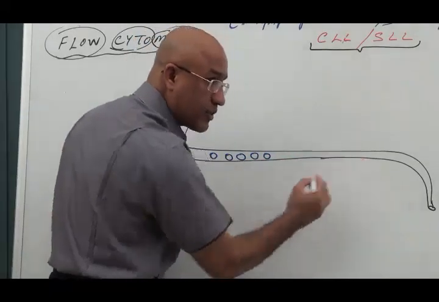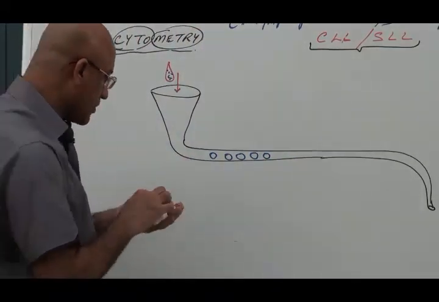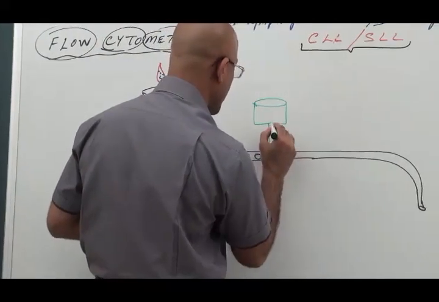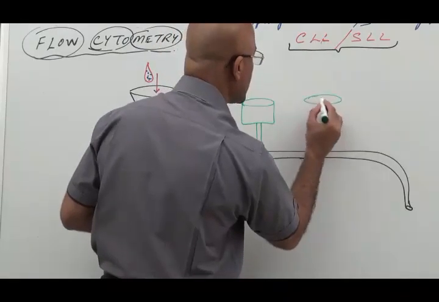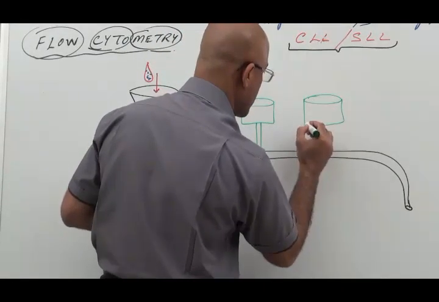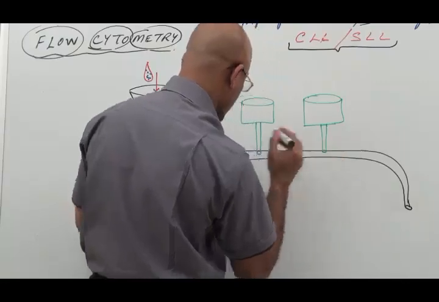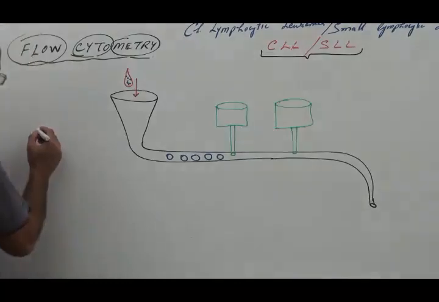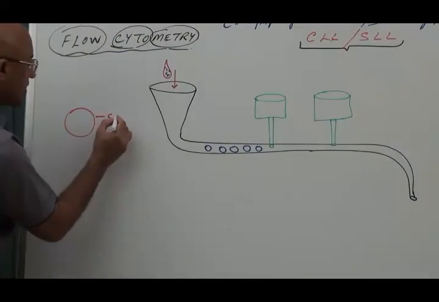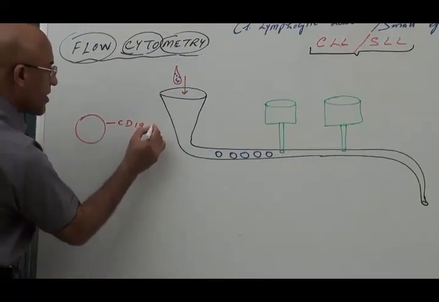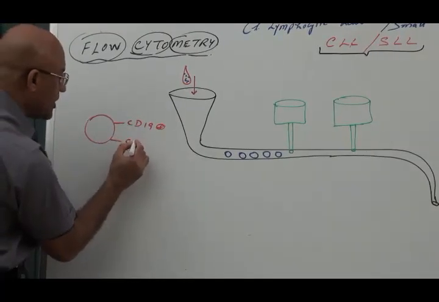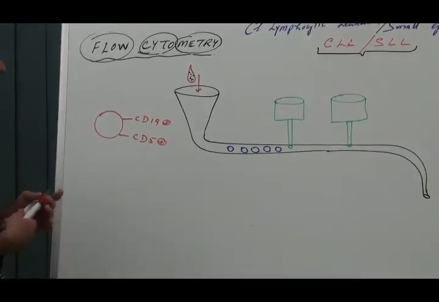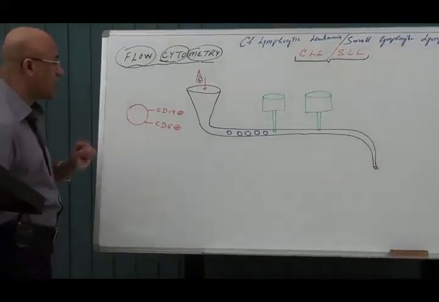Here we have a special type of antibodies. You remember our leukemic cell was CD19 positive and CD5 positive. How do you know that a specific cell is CD19 positive or CD5 positive?